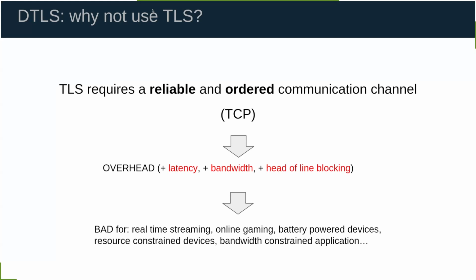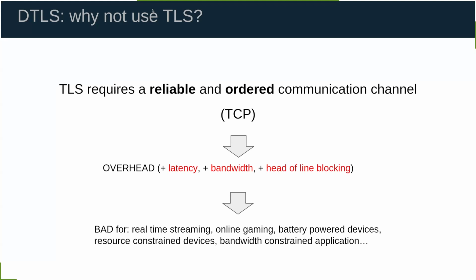In order to provide this reliability and order of communication, TCP, of course, needs to do some housekeeping. It needs to keep a buffer. If a packet comes unordered, it needs to reorganize the packets. It needs to wait for retransmission if some packet gets lost in the network, and so on.